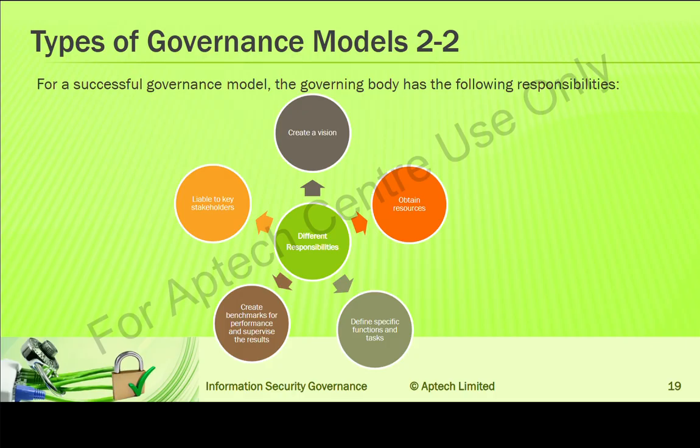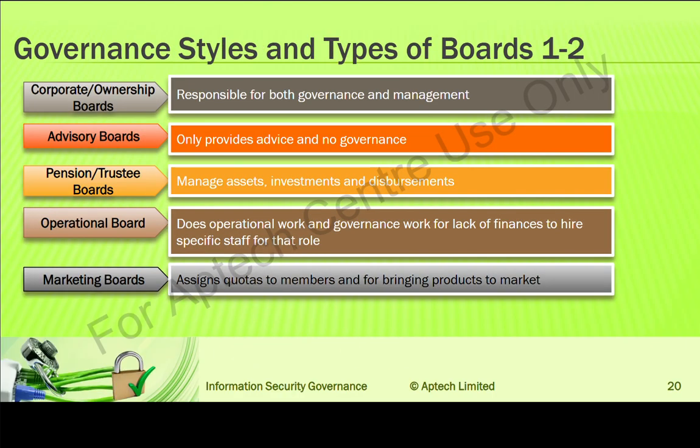Now, governance style and types of board. We have the corporate and ownership board, which is responsible for both governance and management. We also have the advisory board. They only provide advice and no governance. They only advise you: you can take these steps, you can do this, this will help you.